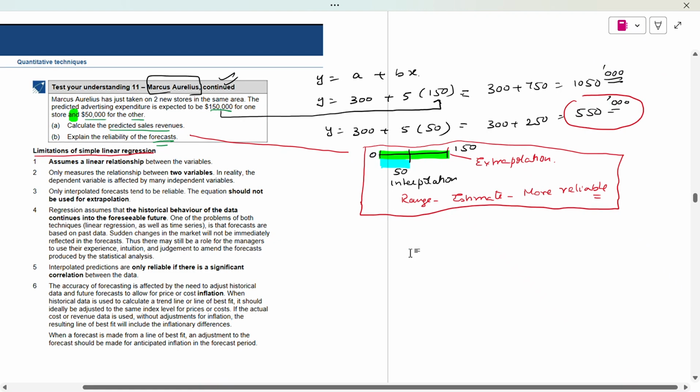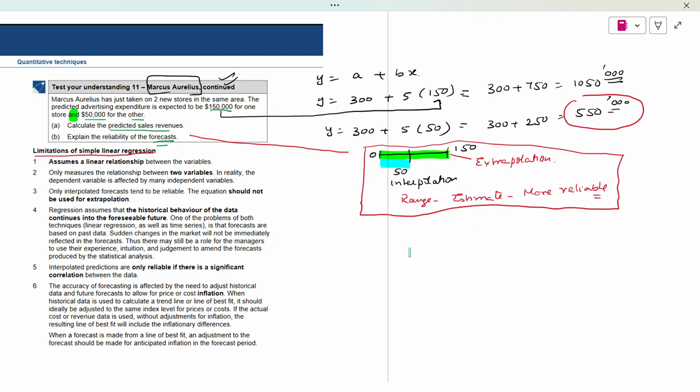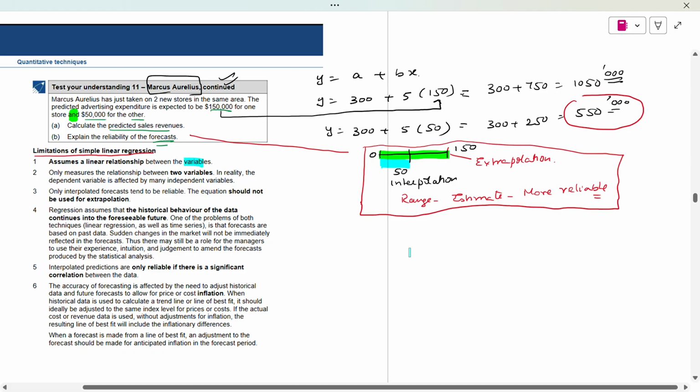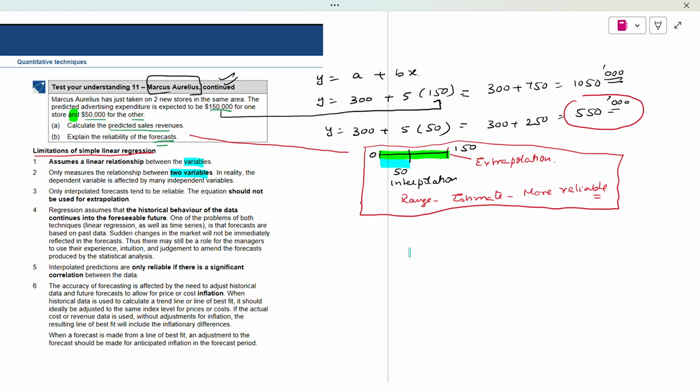Read this one. What are the limitations? They will ask for any two limitations. The limitations are: it assumes a linear relationship between variables, and it only measures the relationship between two variables, like volume and price, or volume and cost.